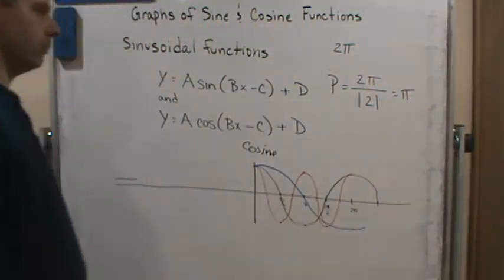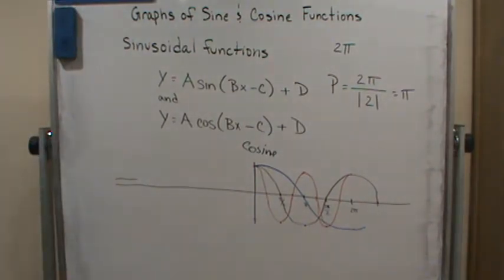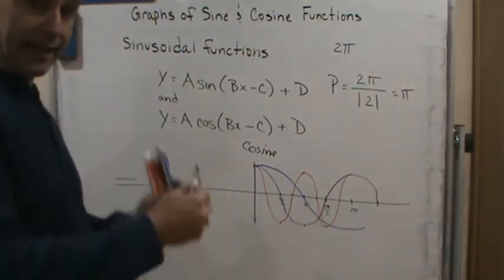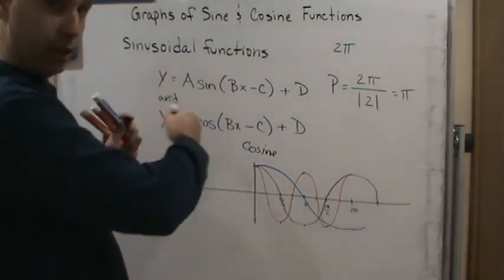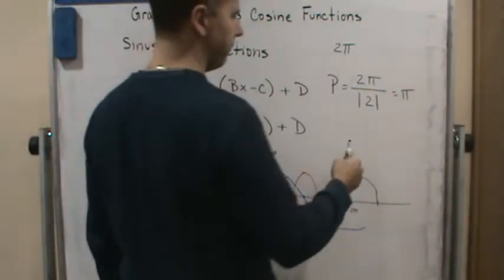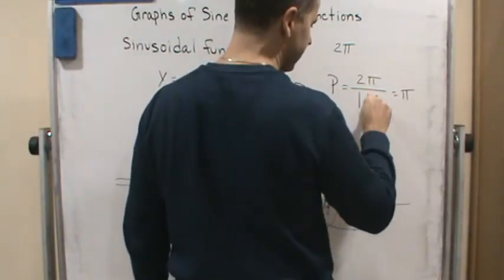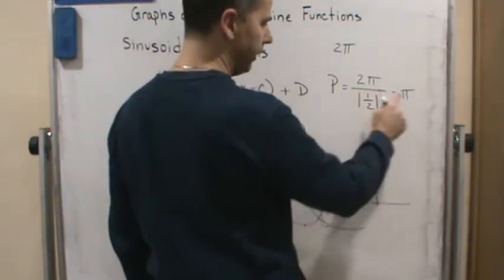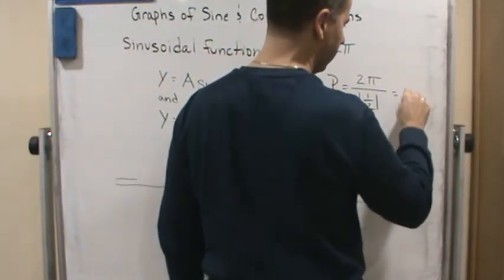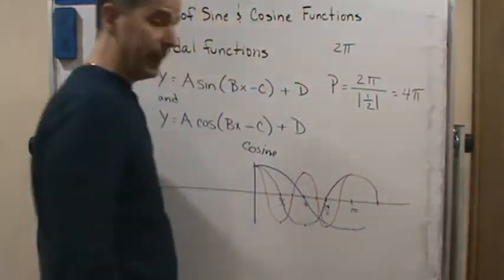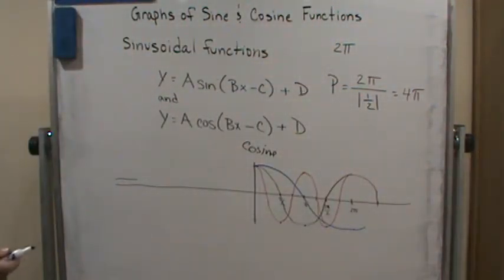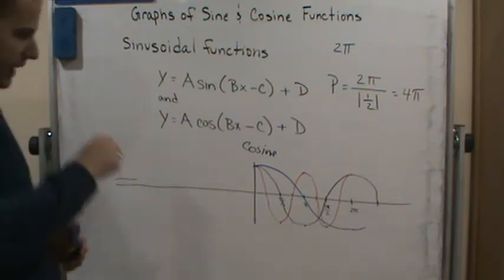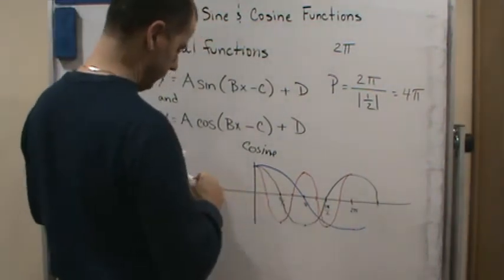Because if B is 2, the period becomes pi. Now, what if B is less than 1? That's going to be a horizontal stretch. What if B is, instead of 2, 1/2? Then the period would become 4 pi. So now, instead of repeating the pattern every 2 pi, it's going to be every 4 pi, which means it's going to be the blue line.